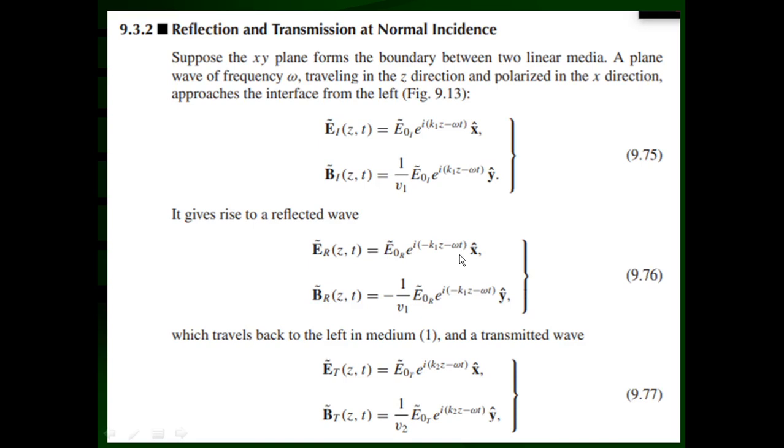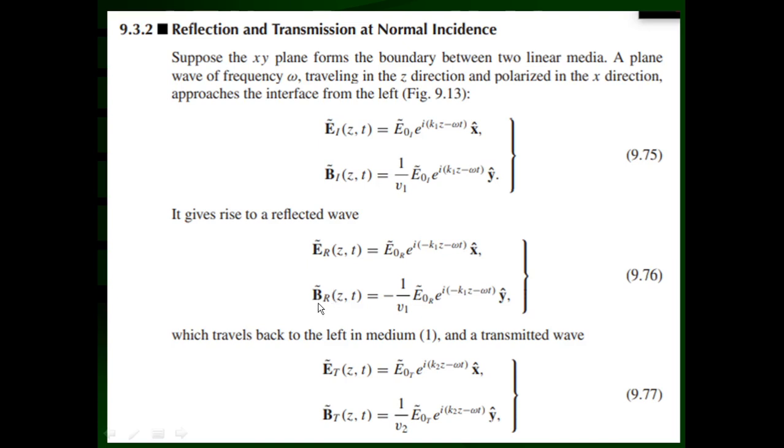Why is it minus k1z? The electric field remains in the x direction, but now the wave is reflected. Instead of propagating in the positive z direction, it is reflected in the negative z direction. That's why the earlier plus k1z is replaced by minus k1z. It remains in the positive x direction only, the unit vector in the x direction.